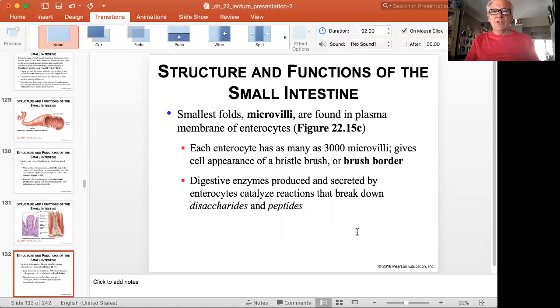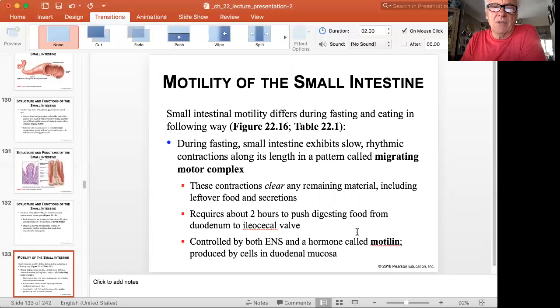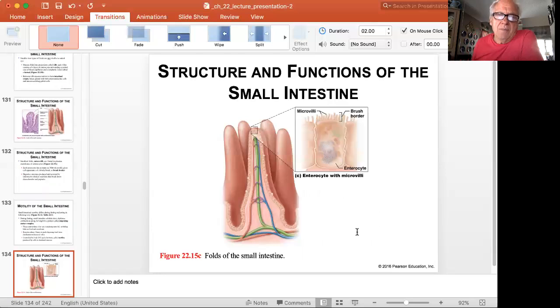Now, the smallest folds, or the microvilli, are found in the plasma membrane of the enterocytes. Remember, the enterocytes are the cells. So if you look here, this is the microvilli. Here is your villi, the folds of the small intestine. Within the villi, you have the enterocyte.